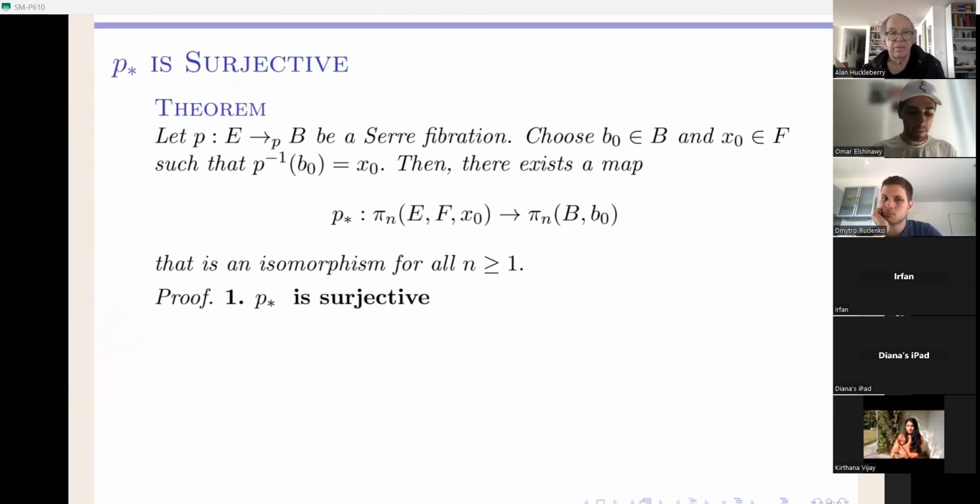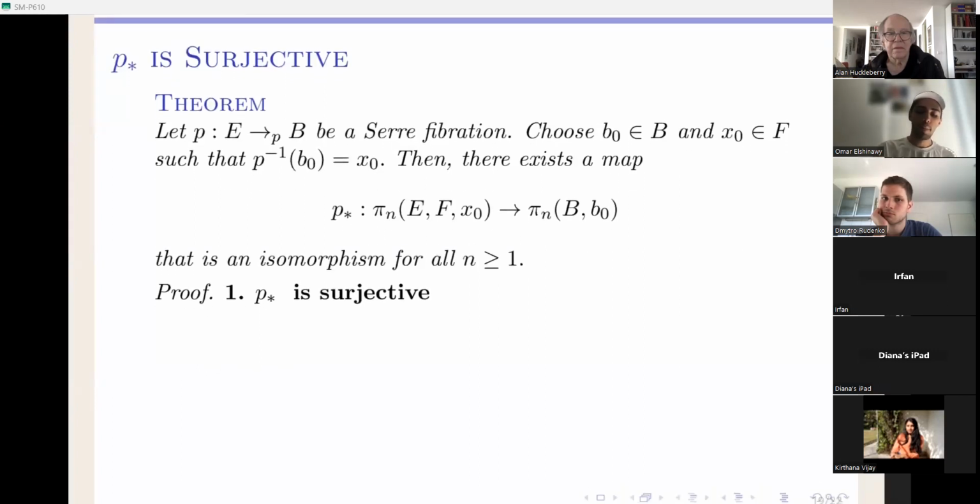So let's actually now read the statement of the theorem. And so we have P, which is a map from E to B. It is precisely a fibration. It is something that's called a Serre fibration, which is just a technical remark.